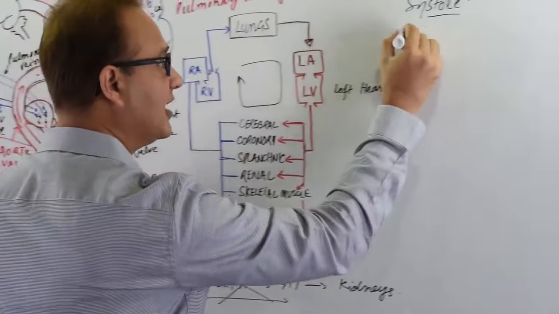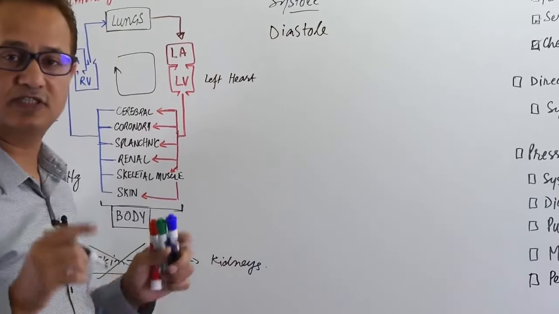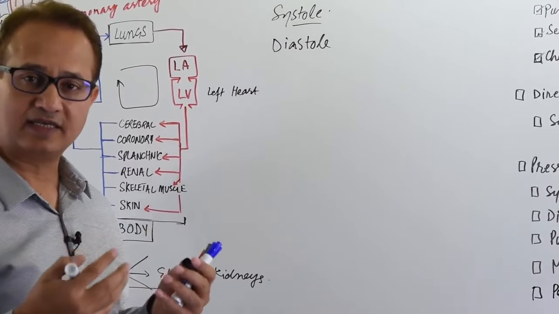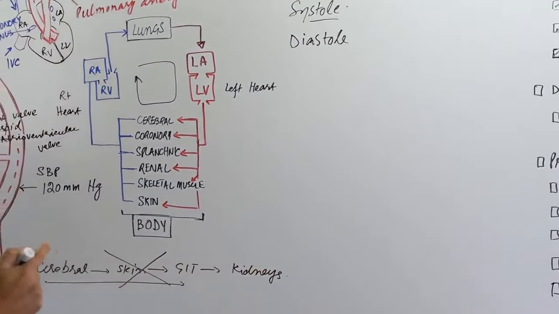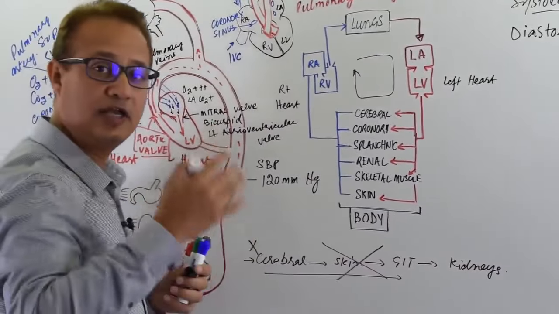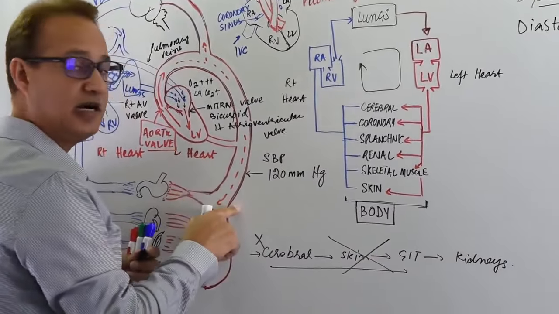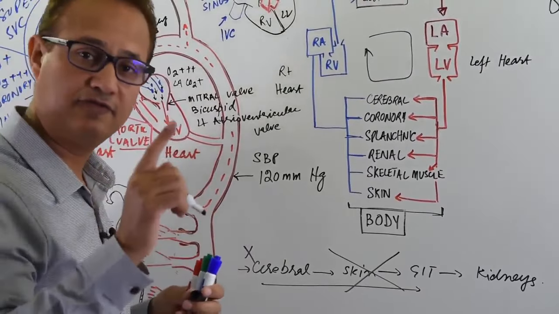Diastole, the definition of diastole is the time interval during which a ventricle is relaxing and is of course filling with blood. Now diastolic pressure is the blood pressure in systemic arteries during the relaxation of left ventricle.